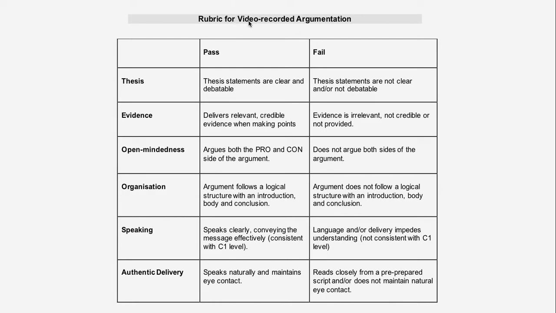And they were asked to submit, do you remember, a video of themselves presenting an argument. Now, this was a pass-fail assignment. So this is a little bit easier for the rubric. You have the pass criterion, or descriptors, and the fail descriptors. Okay, pretty clear. Now, how did we break down the criterion?